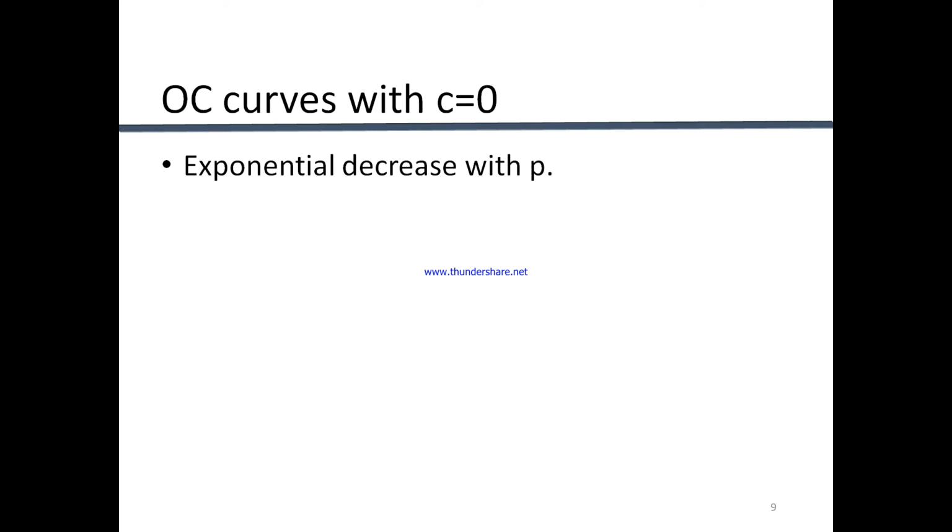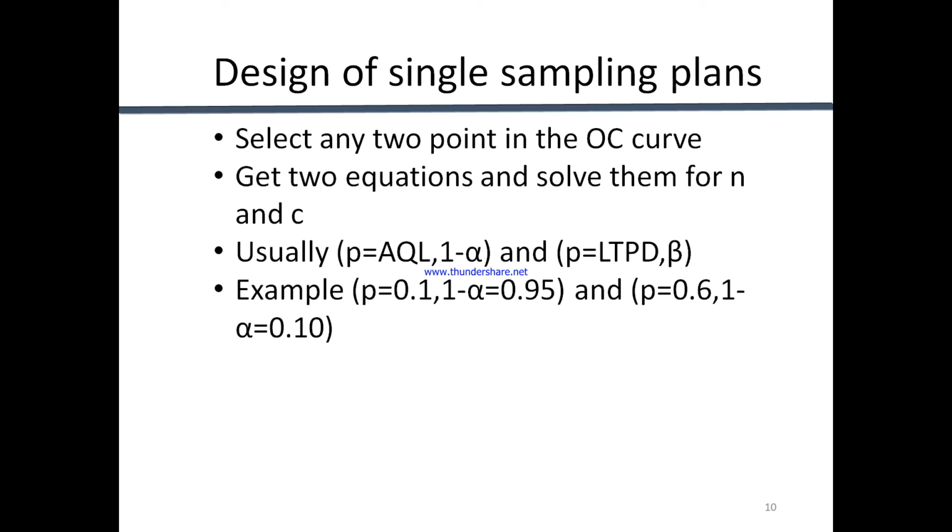That's why, when C value is equal to 0, you see an exponential decrease. Alright, the next thing is, how are you going to design a single sampling plan using an OC curve?